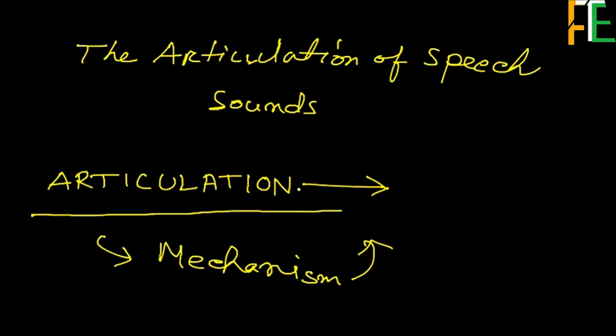So in the process of articulation, we have three systems involved in our body. There are three systems in our body, containing different parts of our body, that process the articulation of speech sounds.